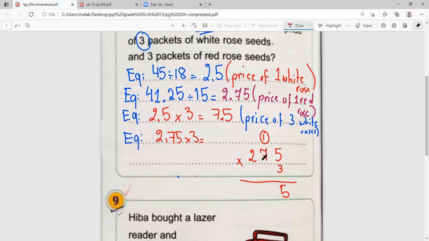3 times 5 is 15. 3 times 7 is 21, plus 1, 22. 3 times 2 equals 6, and we carry 2, then it's 8. How many digits should I count to place the point?